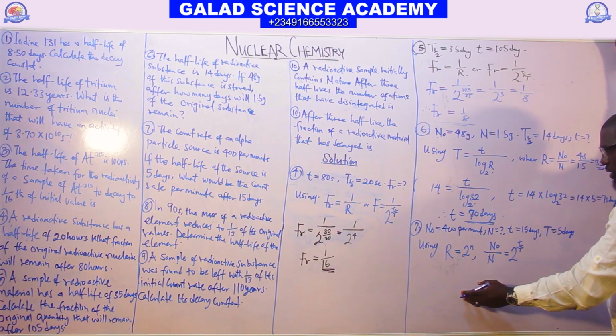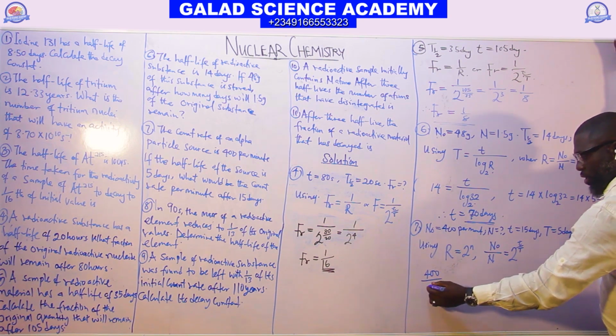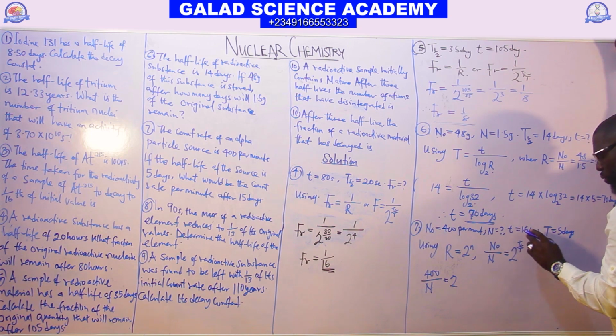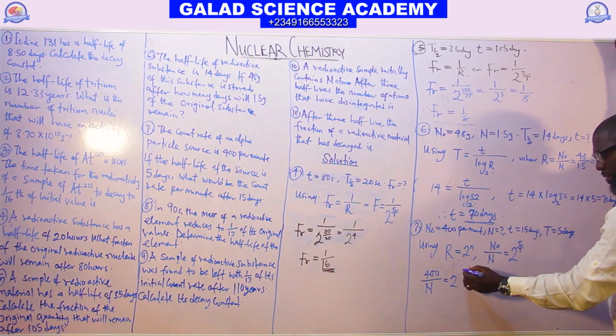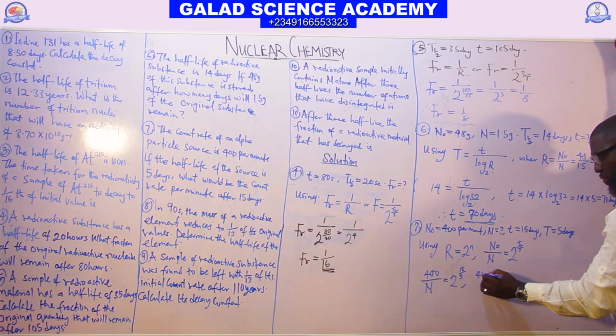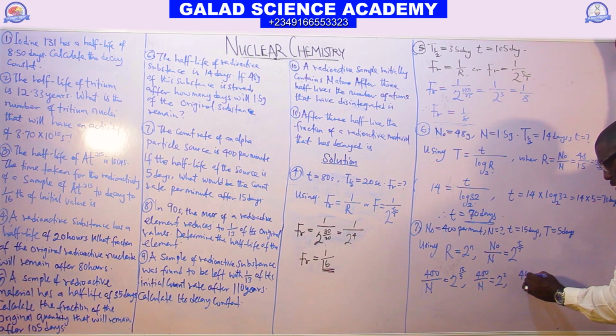So what is our N? We have 400 count rate over N, then we have 2 to the power of 15 divided by 5. We have 400 over N, and 2 to the power of 3 is 8. So 400 over N is equal to 8.